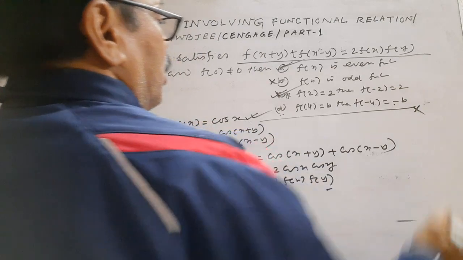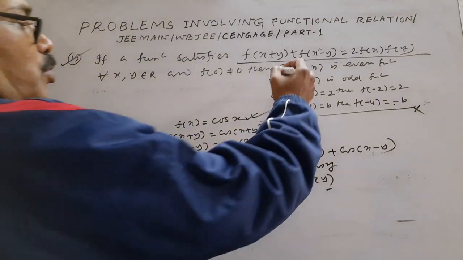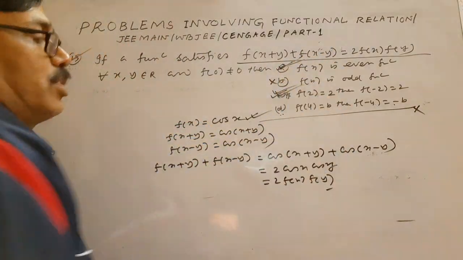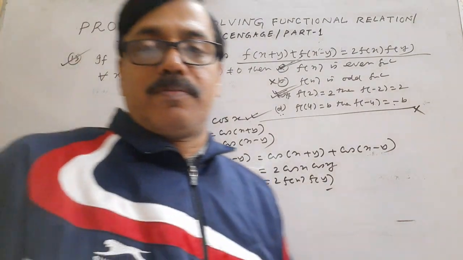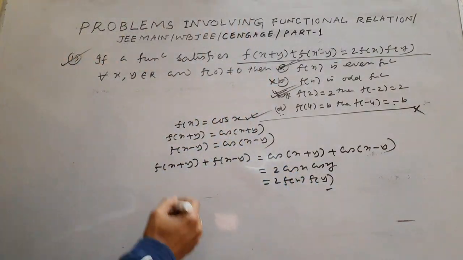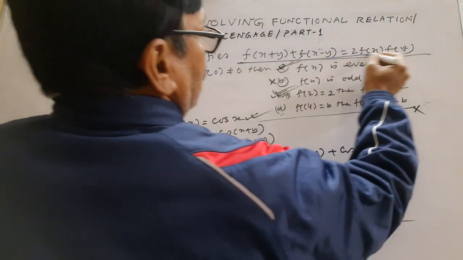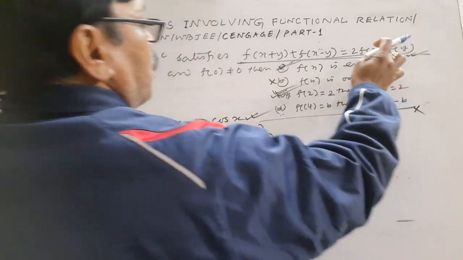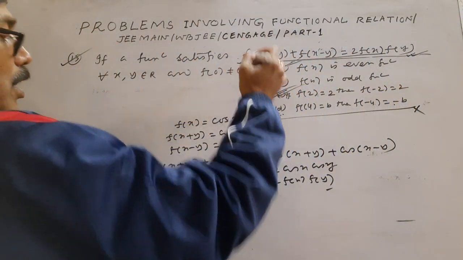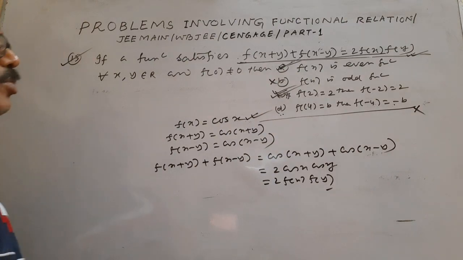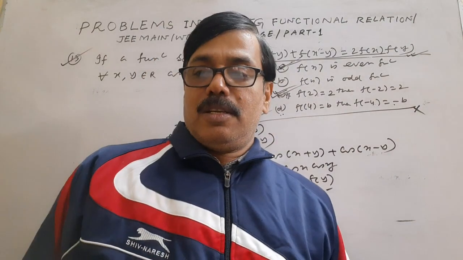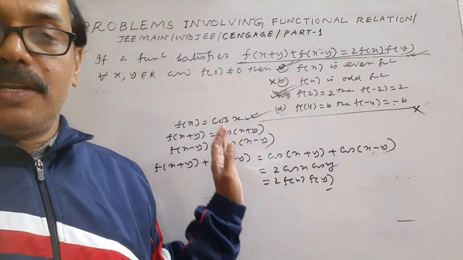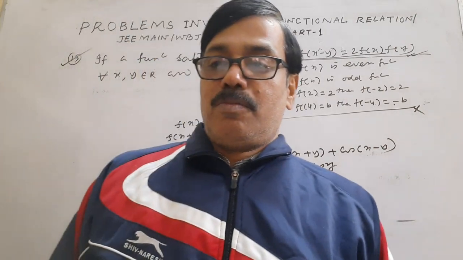So this one is not true. So options A and C are the correct options. So if this typical relation is given, then the function will be f(x) = log x. So these are most interesting problems.